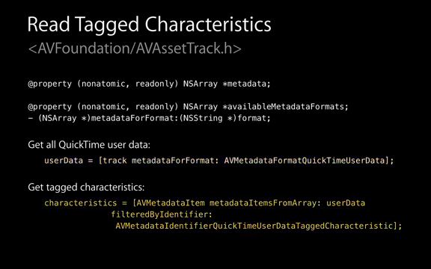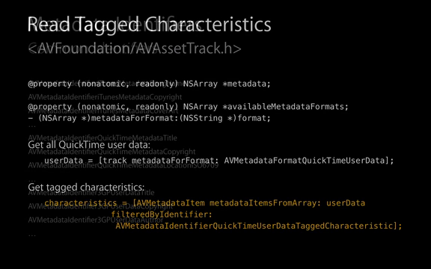And once we have that, we use that same filtering method we saw before in order to get all of the items that have the identifier QuickTime user data tagged characteristic. So this is one example of tagged characteristics, the SDH that I just talked about, and it's the payload of that metadata item that tells you what kind of tagged characteristic you're dealing with. And we'll talk a little bit more detail about SDH and how you author it in just a little bit.